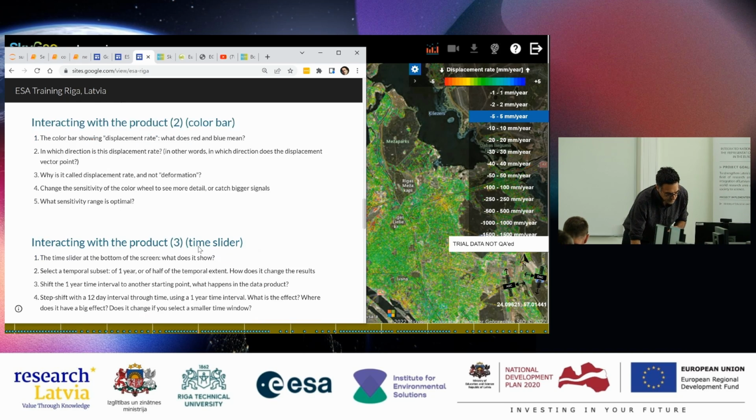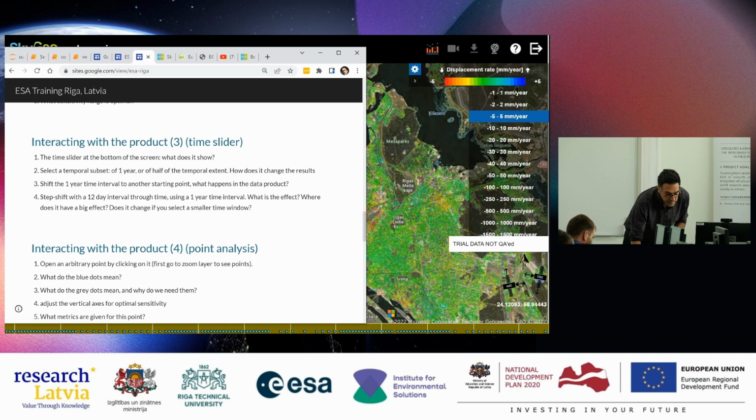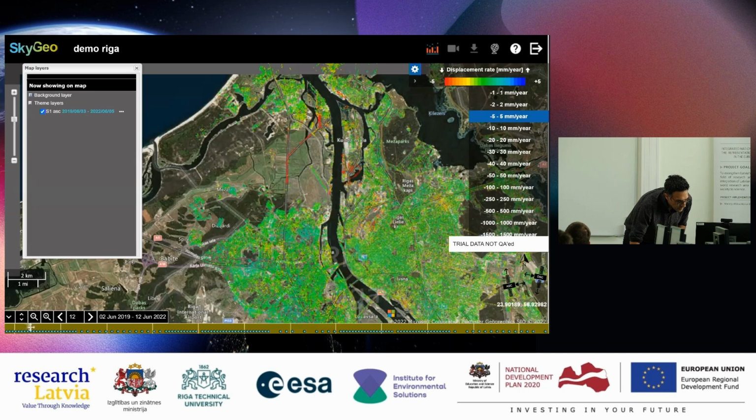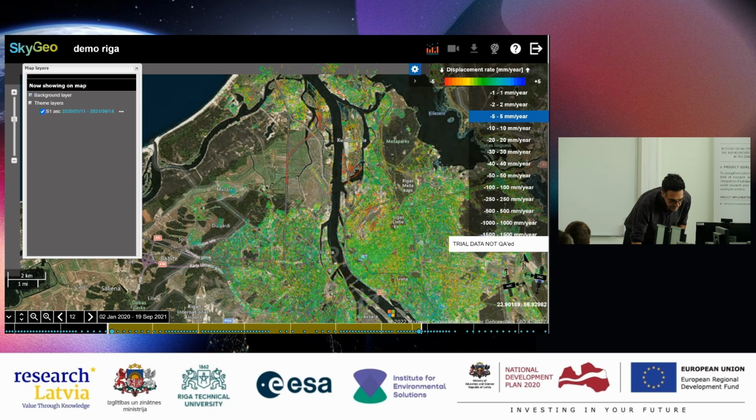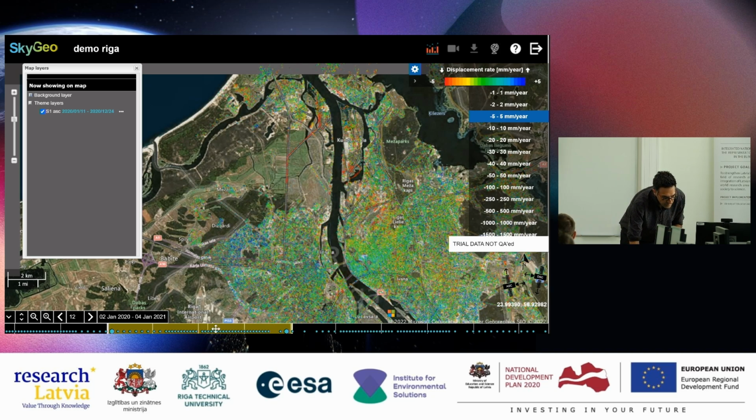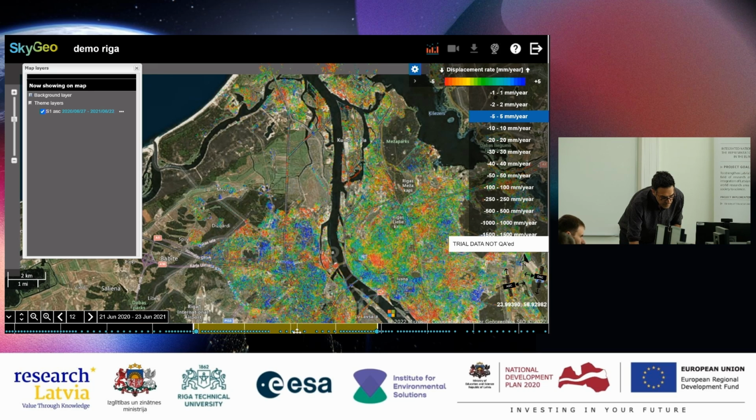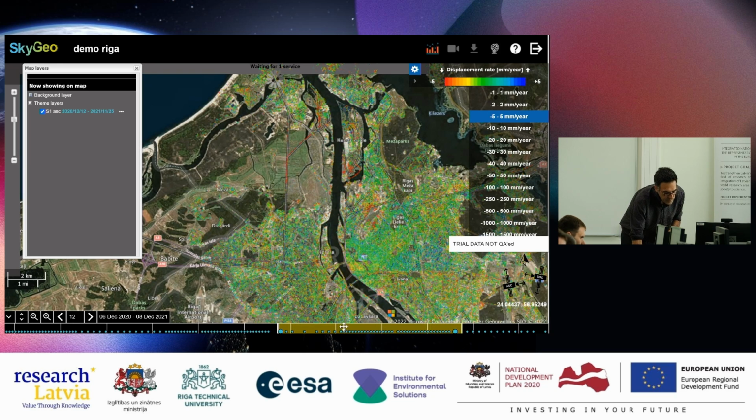Then there is the time slider below here, where we can select a certain limited time frame and see how things behaved over time. So we have, for example, this part, and then we can shift that for different sub-blocks. And like I said, here this is probably atmosphere that you're introducing at some point. Right? Okay.